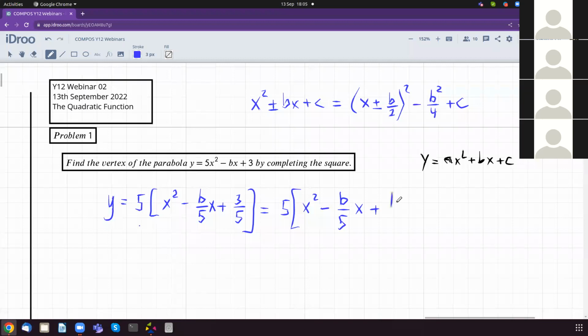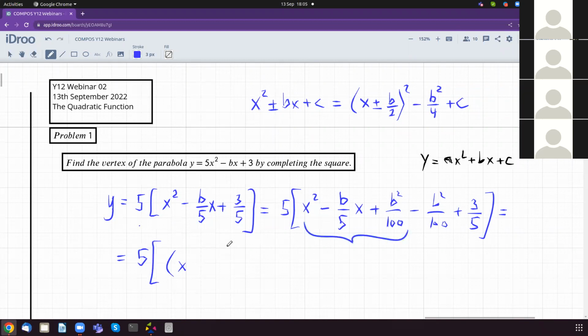So plus b squared over 100 minus b squared over 100 plus 3/5, and we have 5 in square brackets. Now this is a completed square: x minus b over 10 squared minus b squared over 100 plus 3/5.